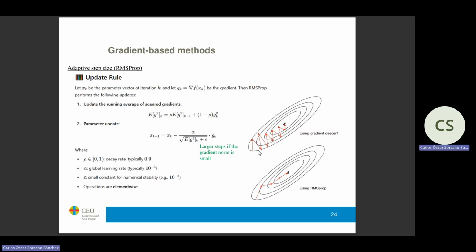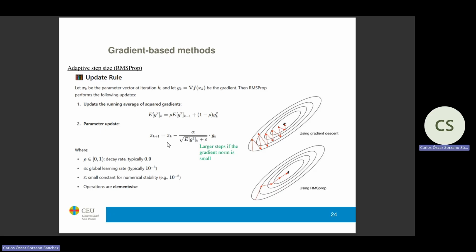So you have to evaluate it here 1, 2, 3 times, 4, 5, 6, 7, and so on. So maybe if you move in a more straight line to the minimum, you will evaluate the function fewer times. That is what this adaptive step size is trying to do.